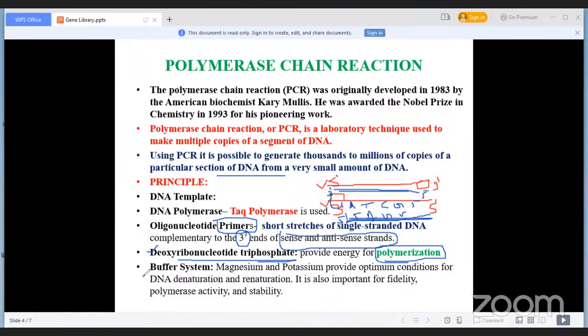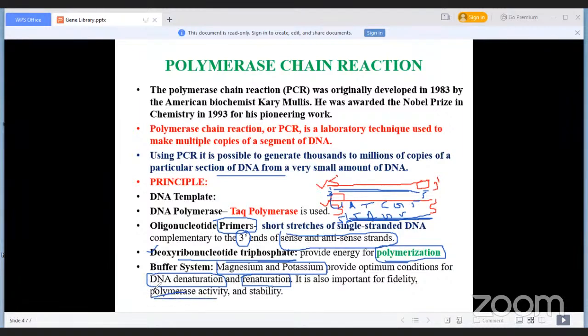A buffer system. Magnesium and potassium in the buffer system both provide optimum conditions for DNA denaturation and renaturation. What is denaturation? They are also involved in polymerase activity.